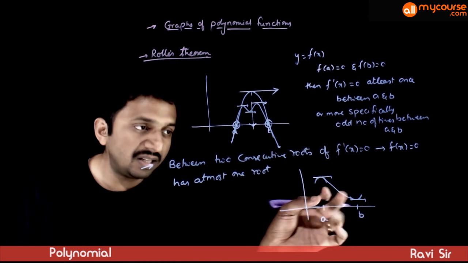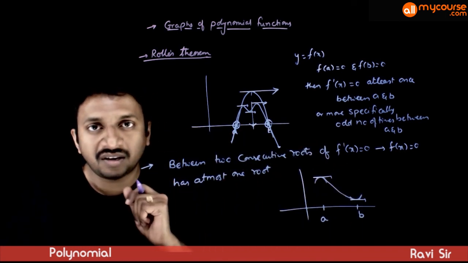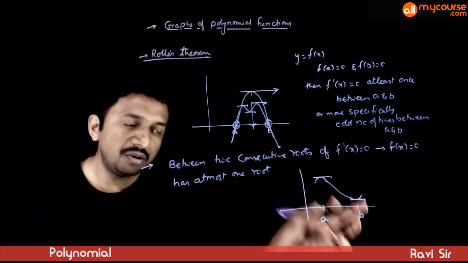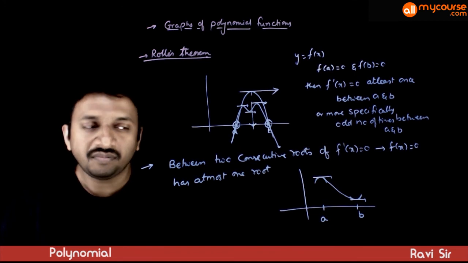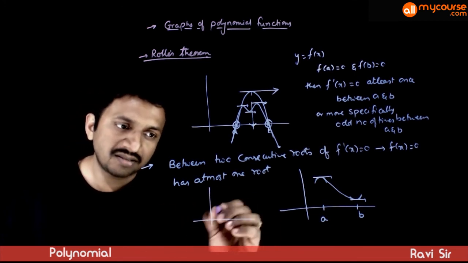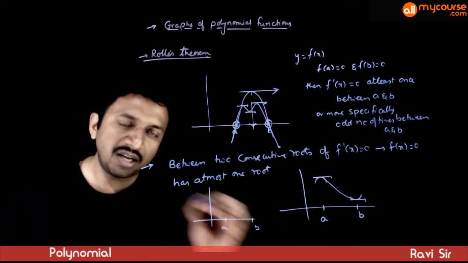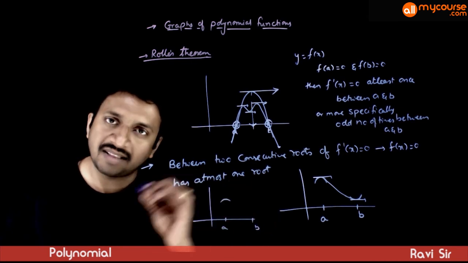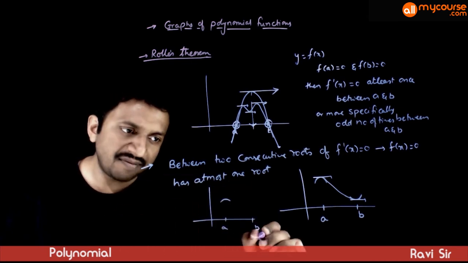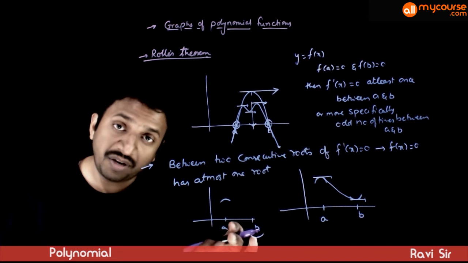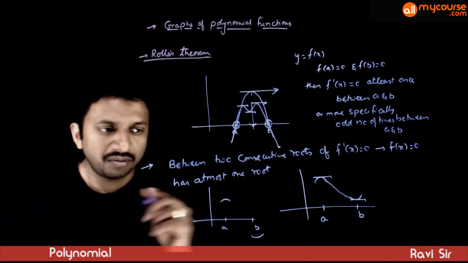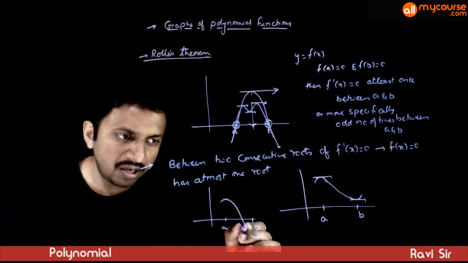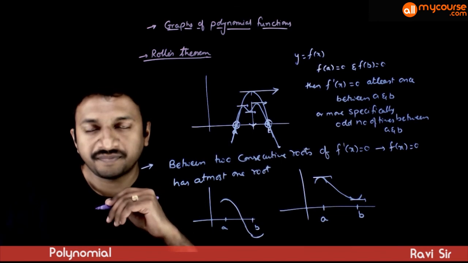So here, as you can see, there is no root for f of x is equal to 0 between a and b. In the next case, if at x is equal to a and x is equal to b, the graph is like this at a, and the graph is like this at b. And in between a and b, f dash of x is not 0, and it directly goes down and meets this trough.